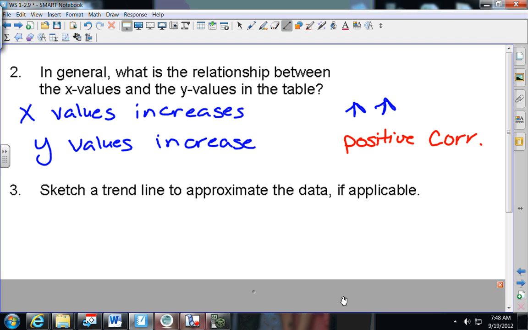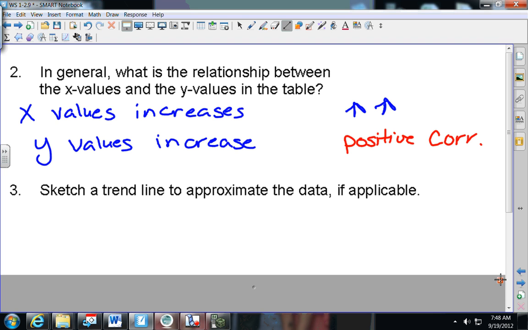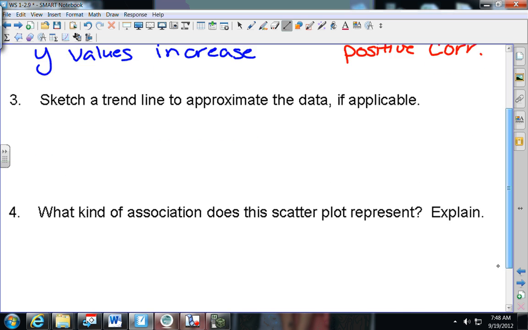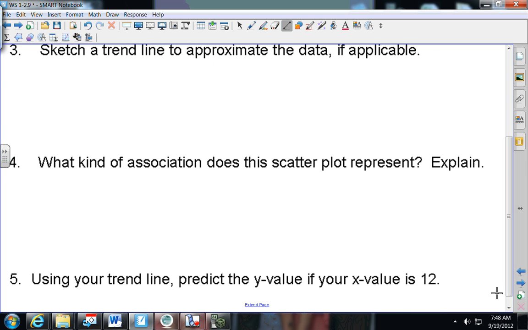All right, so we did that. Oh, let's see, is there any more on this page? Yeah. What kind of association does it represent? We've already said it's positive because from left to right, it is going up.